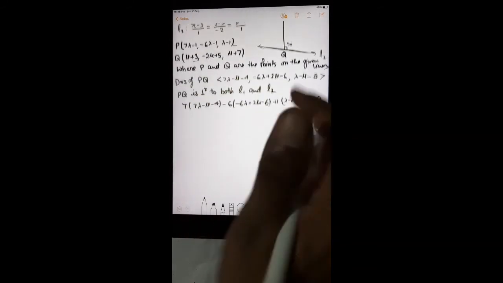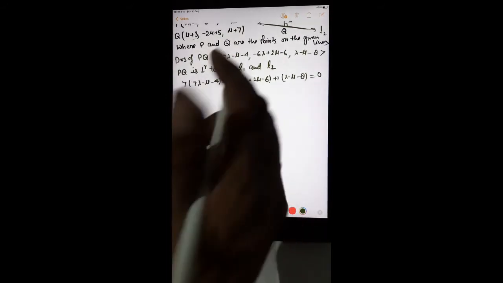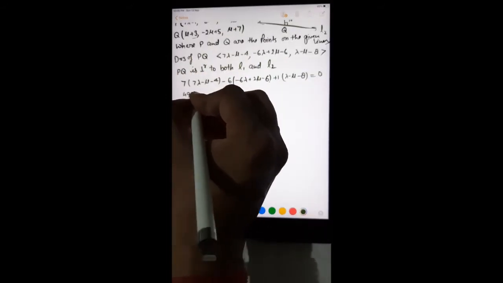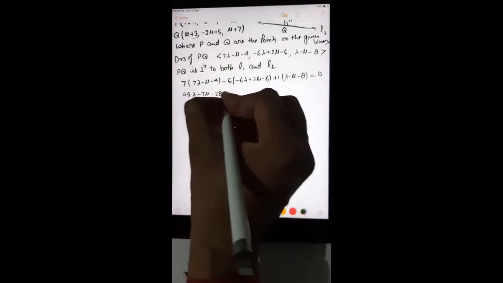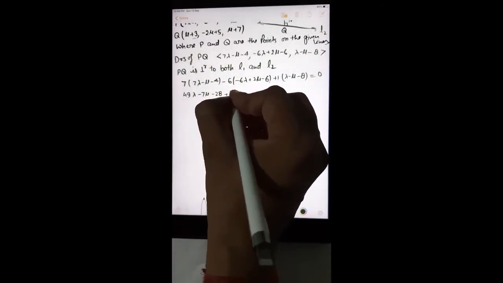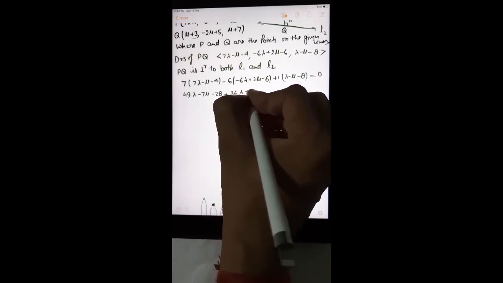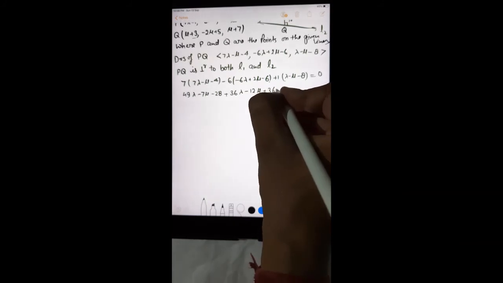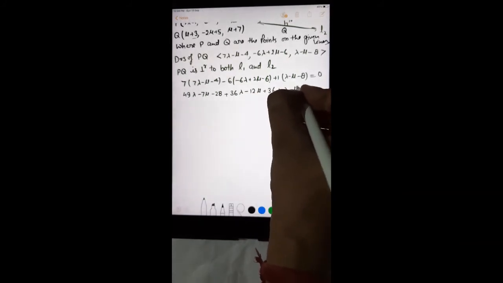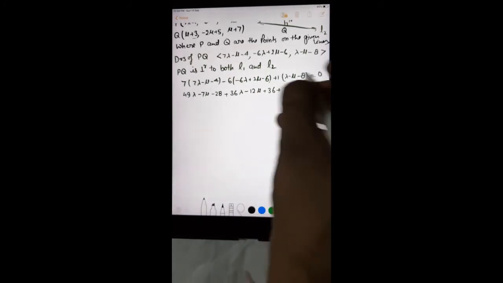So on simplification we shall get 49 lambda minus 7 mu minus 28 plus 36 lambda minus 12 mu plus 36 plus lambda minus mu minus 8 is equals to 0.